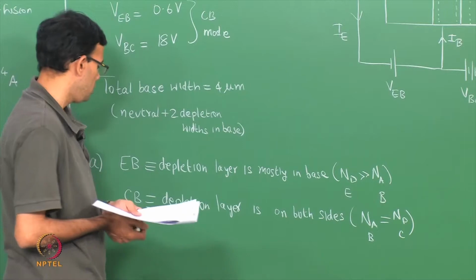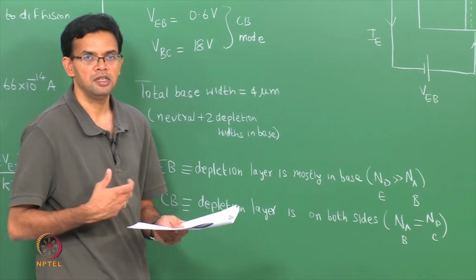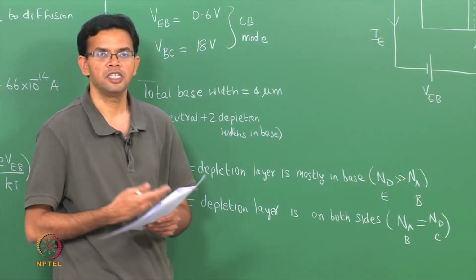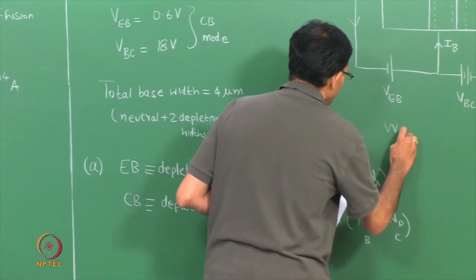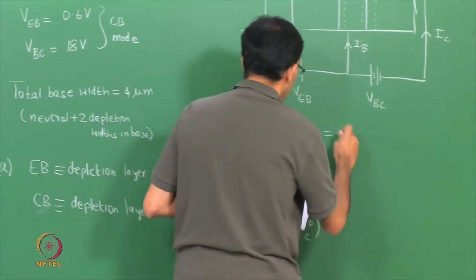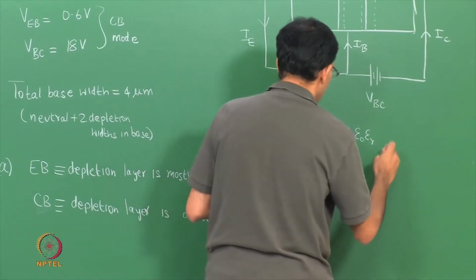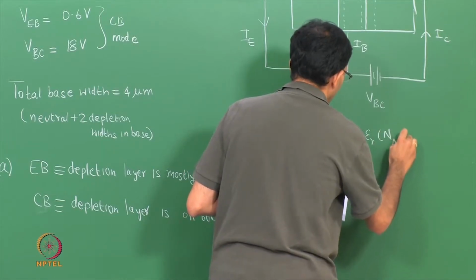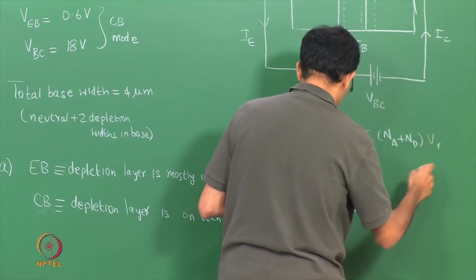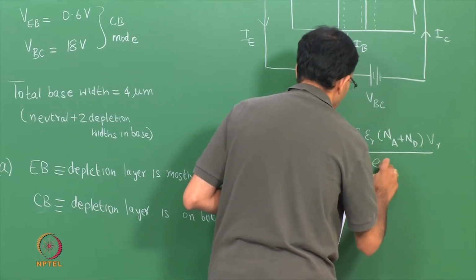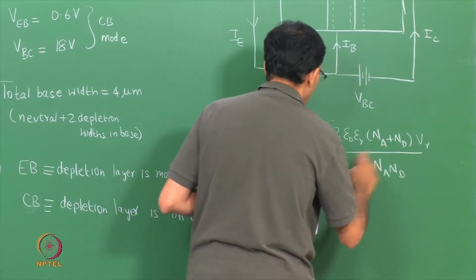So, let us look at the base and the collector region. This is essentially a region that is in reverse bias. Reverse bias tends to increase the depletion width, so that WBC is given by the square root of 2 epsilon naught epsilon r (NA plus ND) times the total voltage Vr, divided by e NA ND.